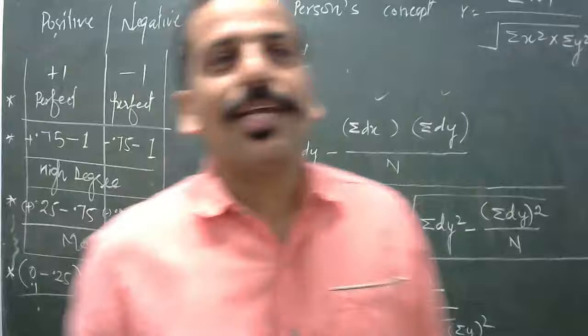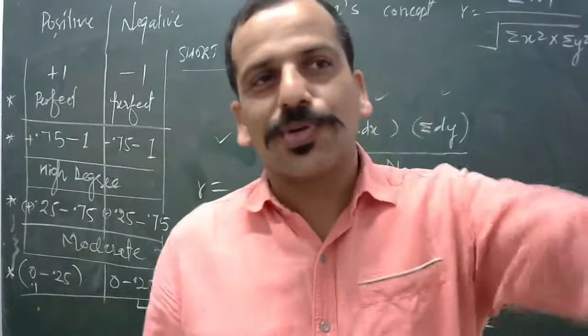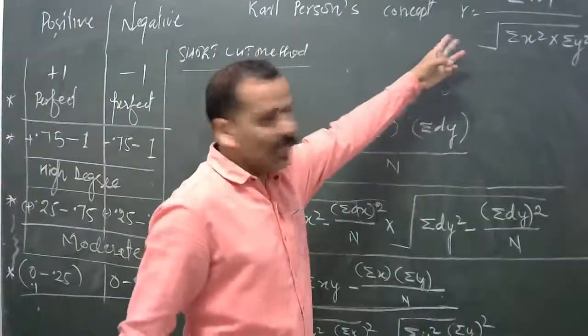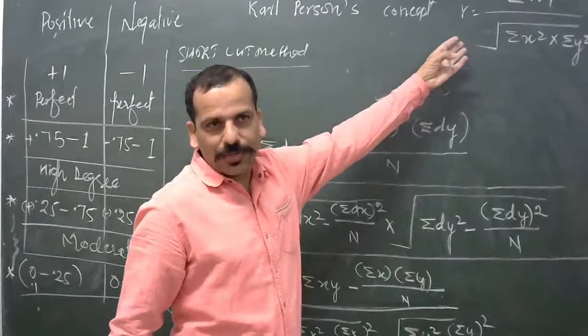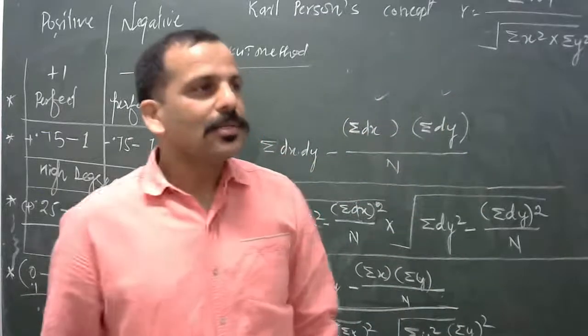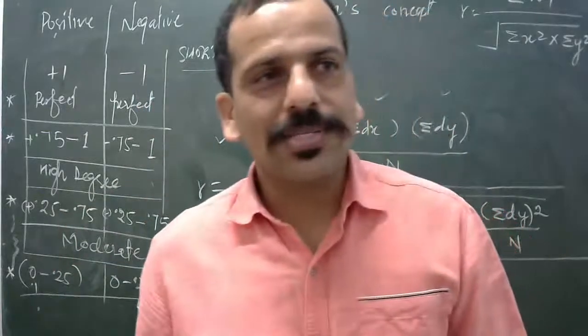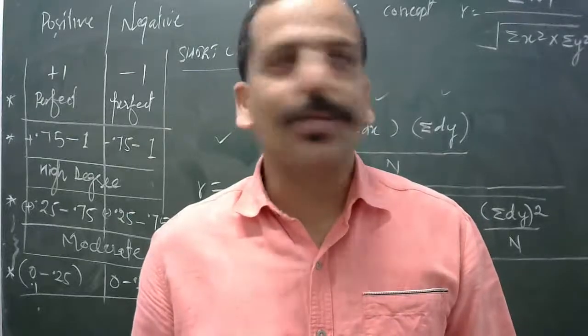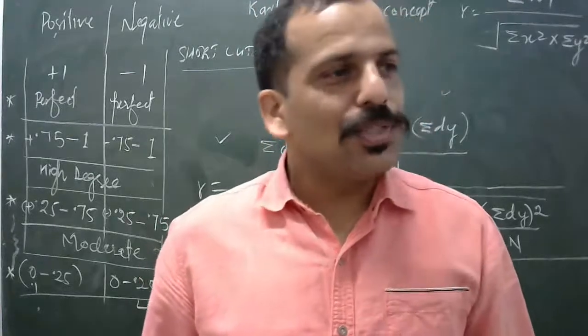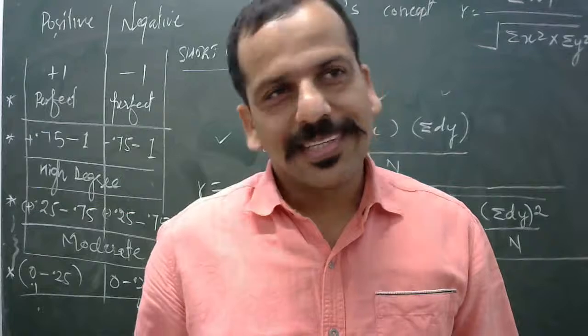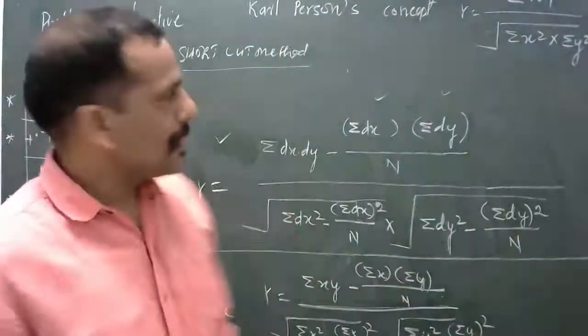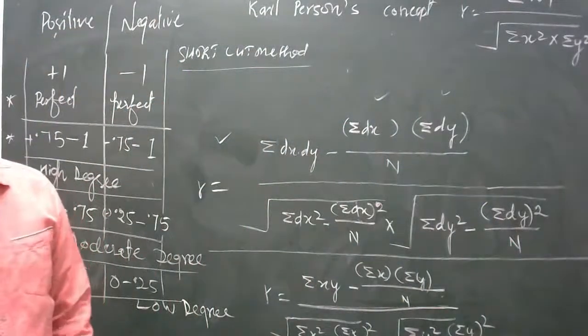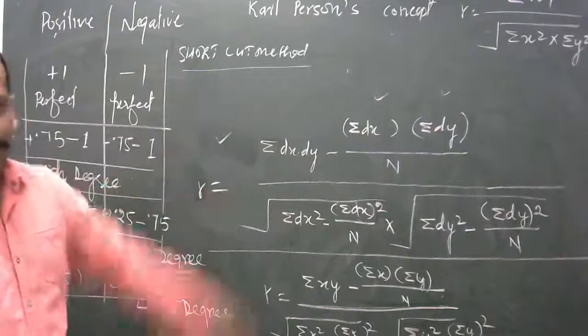We are living in a democratic country, so raise your hand those who want to go with this formula only. 1, 2, 3, 4, 5, 6, 7, 8, 9, 10, 11, 12, 13. Okay, 13 to 1. So many, 13, are in favor.